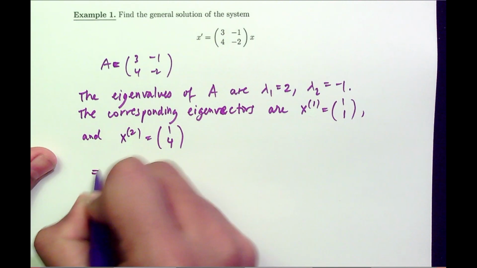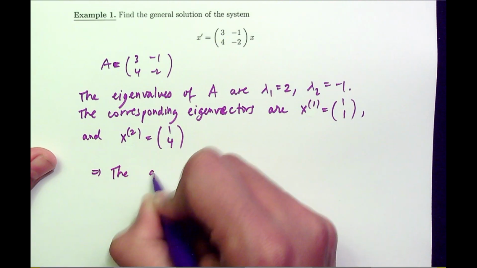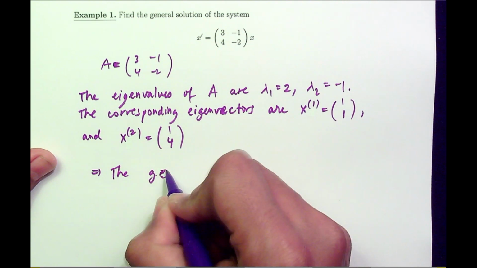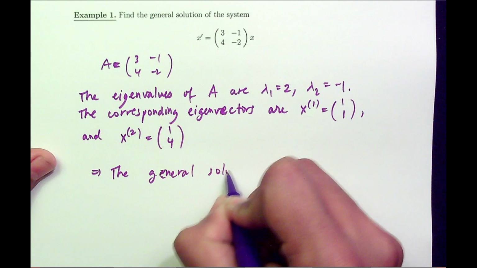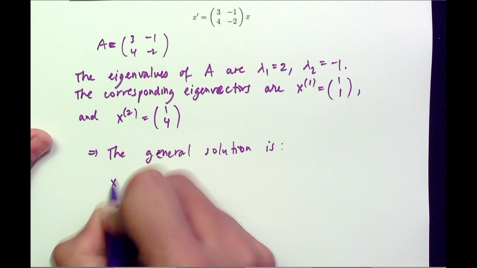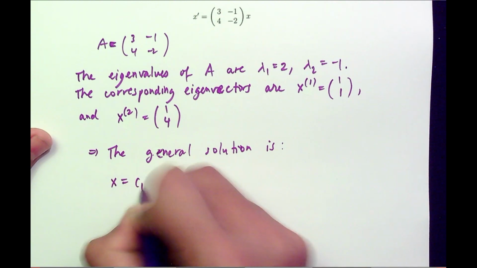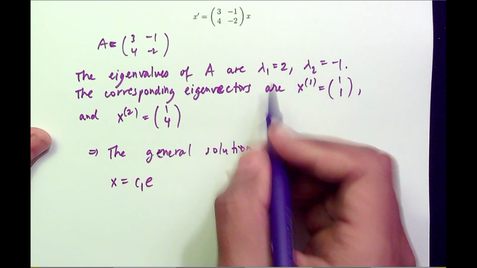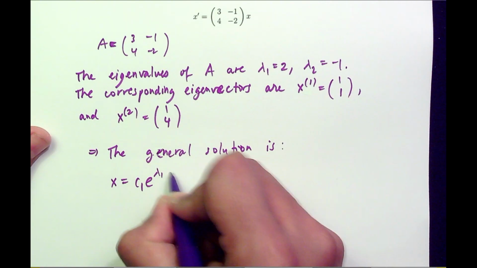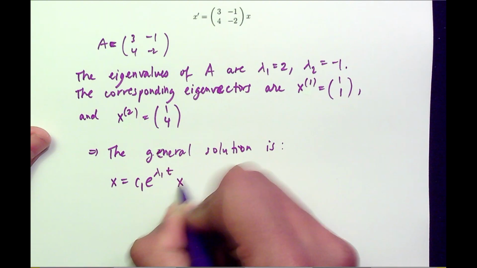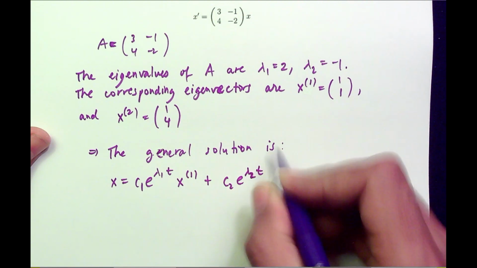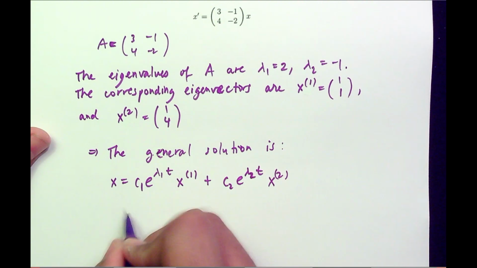So the general solution is x equals c1 e to the lambda 1 t x1 plus c2 e to the lambda 2 t x2. I'm just copying the formula in general first.